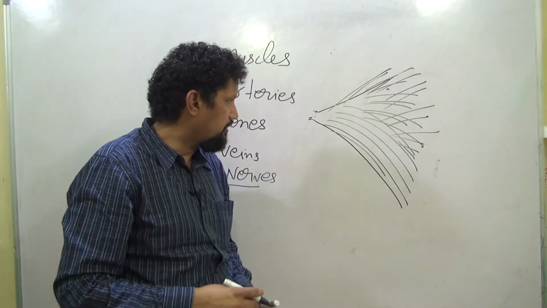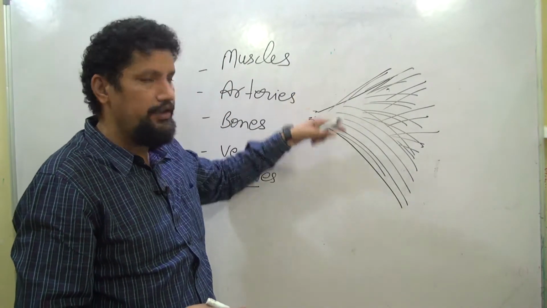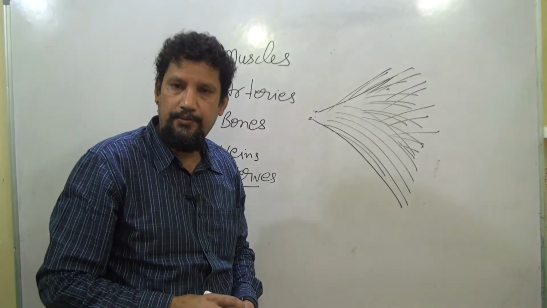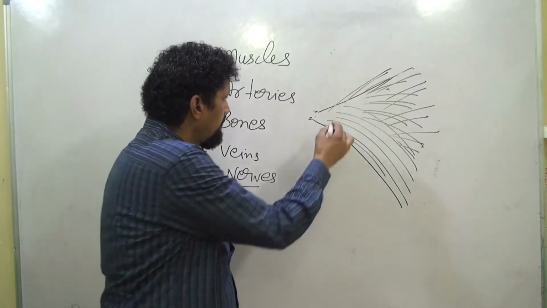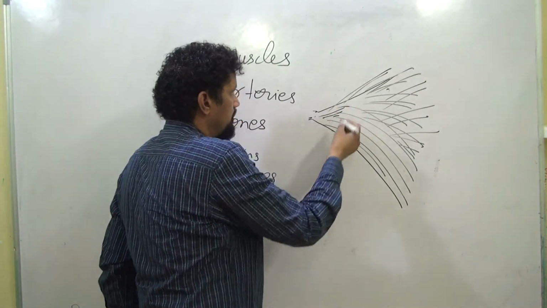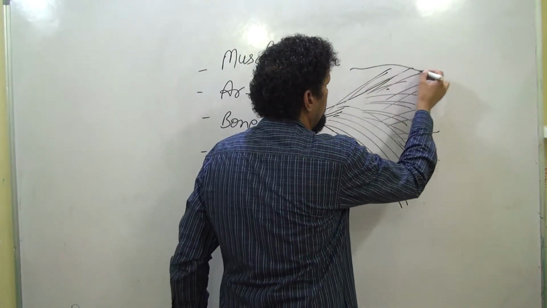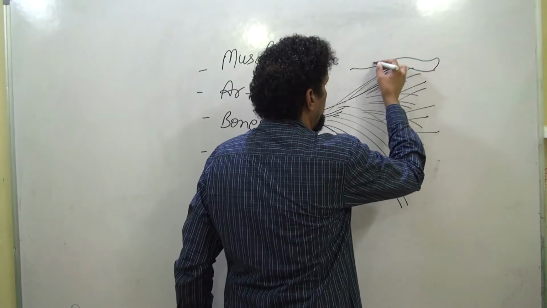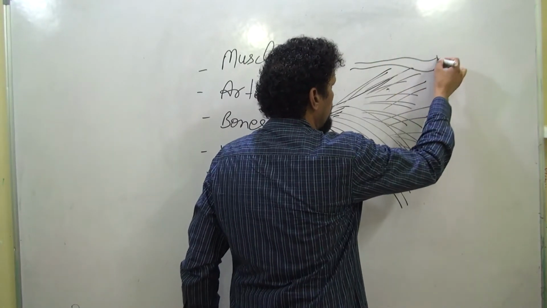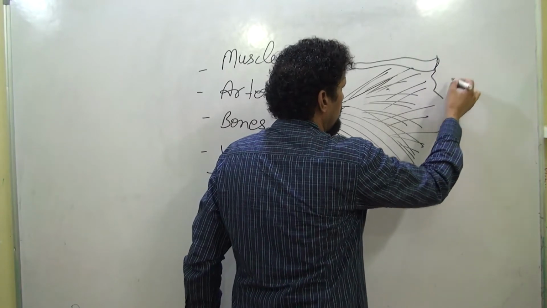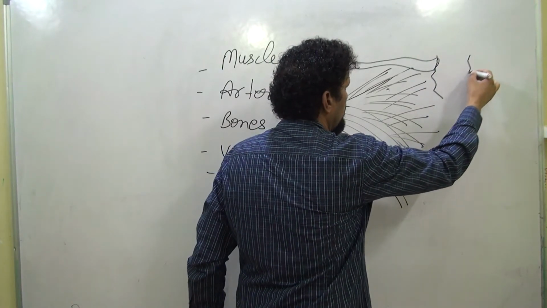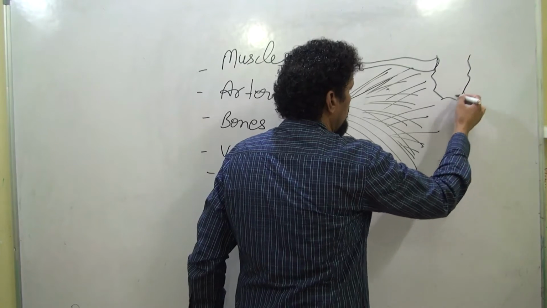All fibers are converging laterally to be inserted on the lateral lip of the bicipital groove. Clavicle is here. This is the clavicular notch. Deep, the sternum.